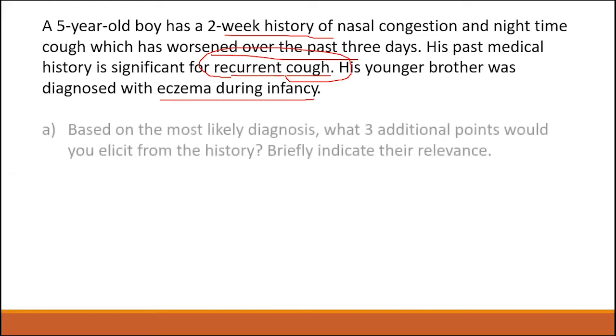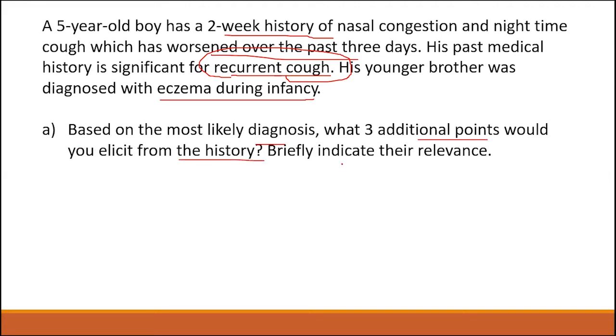All right. So based on the most likely diagnosis, what 3 additional points will you elicit from the history? Briefly indicate their relevance. So first of all, what is your diagnosis? Because whatever you're going to give must be connected to your most likely diagnosis.